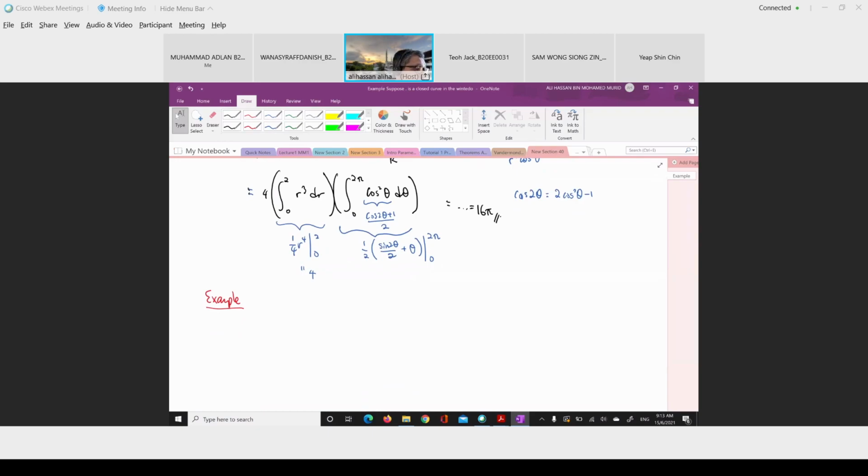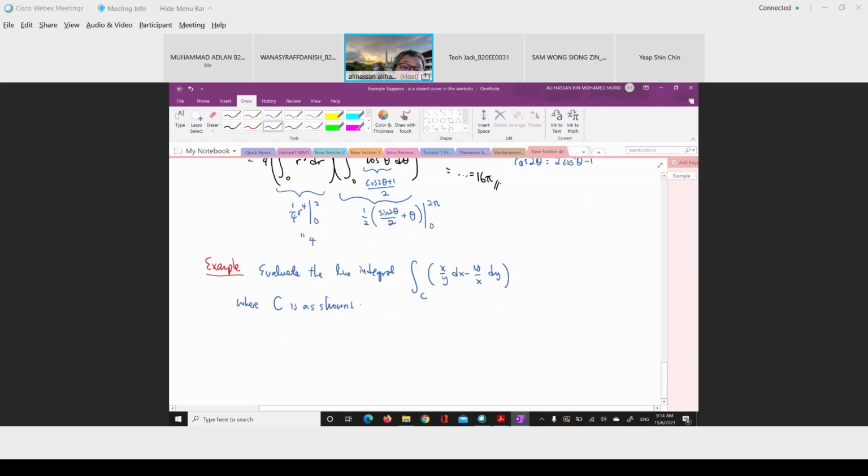Consider, evaluate the line integral of x over y dx minus y over x dy, where C is as shown below.